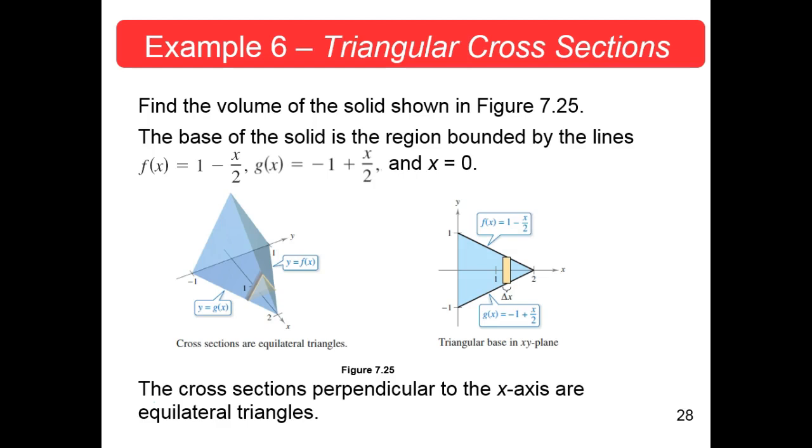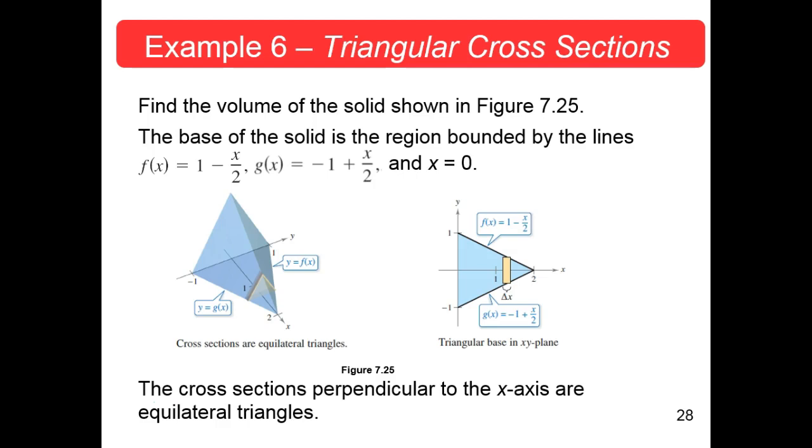And sure enough, that's where it comes to here. And when x is equal to 0, y is equal to 1. So there's a line, y equal to 1 minus x over 2, a straight line going between (0, 1) and (2, 0).